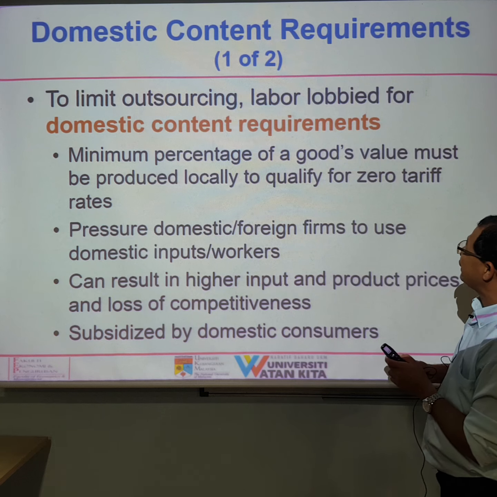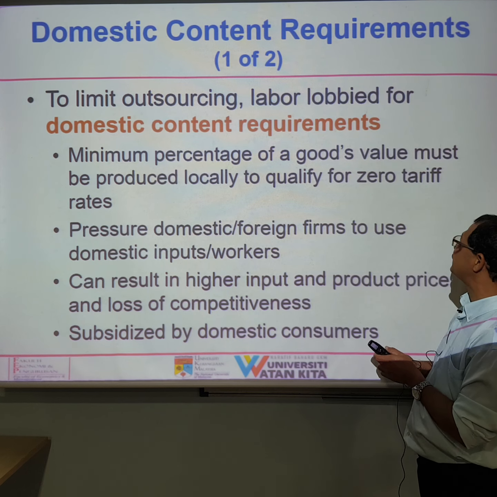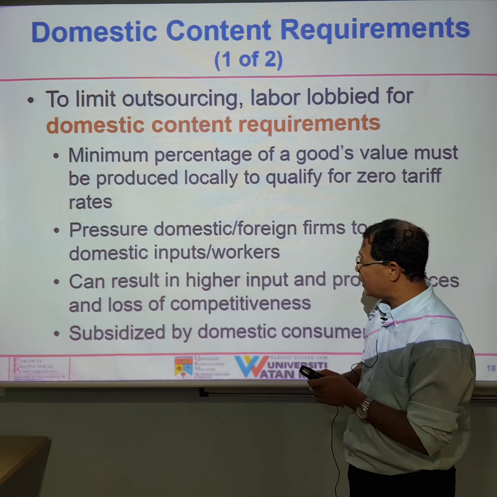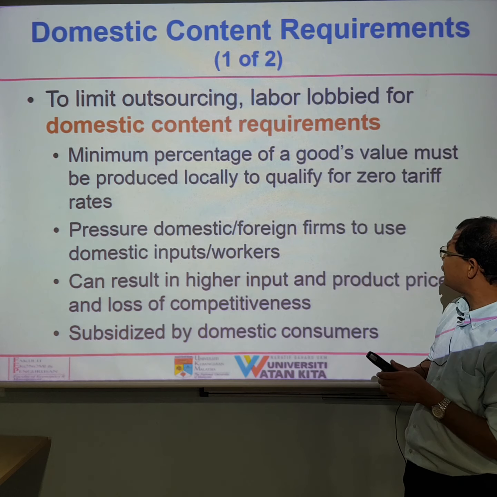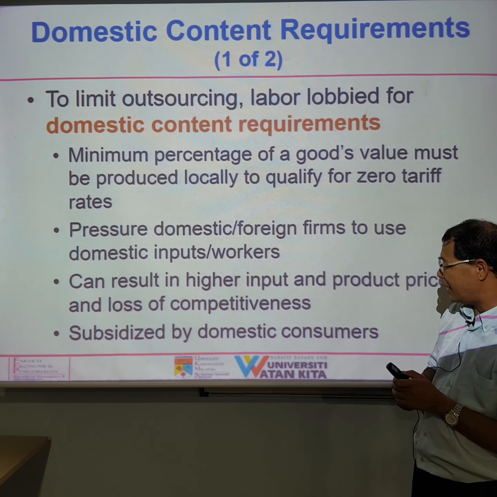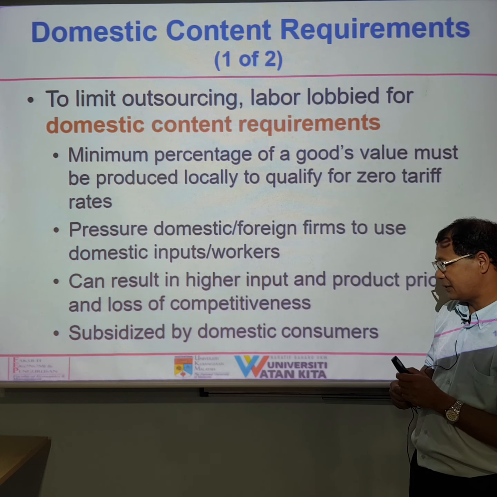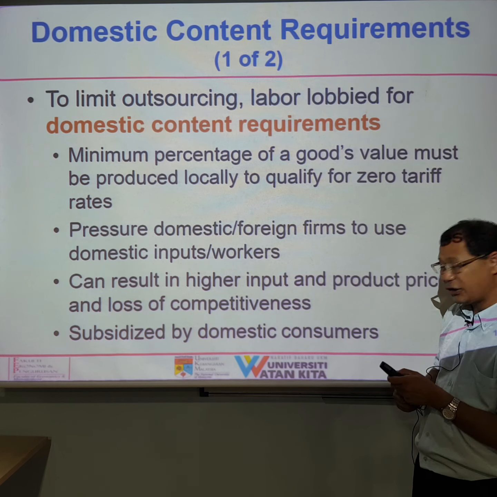A minimum percentage of a good's value must be produced locally to qualify for zero tariff rates. This pressures domestic and foreign firms to use domestic inputs and workers, and can result in higher input and product prices and loss of competitiveness, subsidized by domestic consumers.